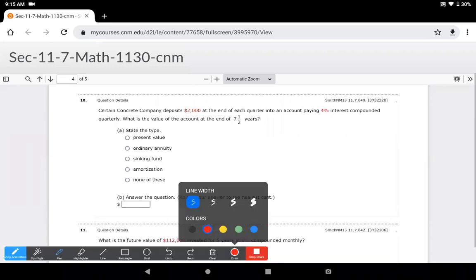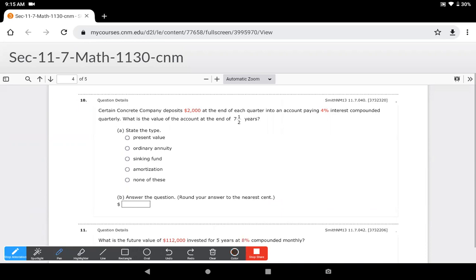So a certain concrete company deposits $2,000 at the end of each quarter. So they're putting in $2,000 regularly 4 times a year into an account paying 4% interest, compounded quarterly. What is the value of the account?